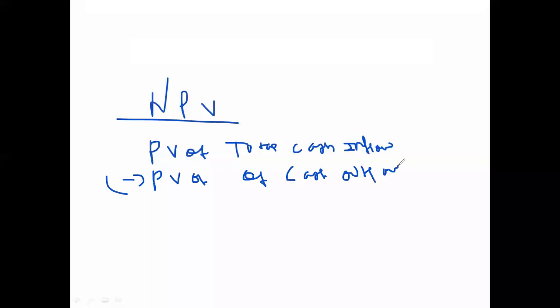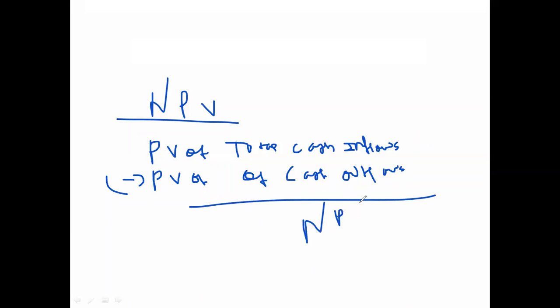So this will be our NPV. So what is NPV? Nothing but the present value of total cash inflows minus the present value of total cash outflow. This will be the NPV.